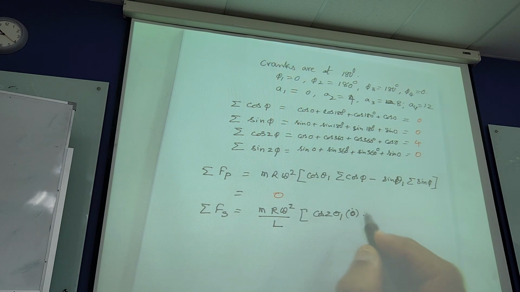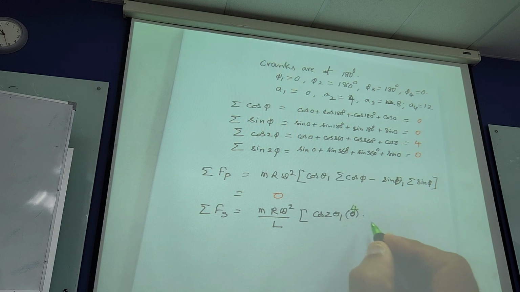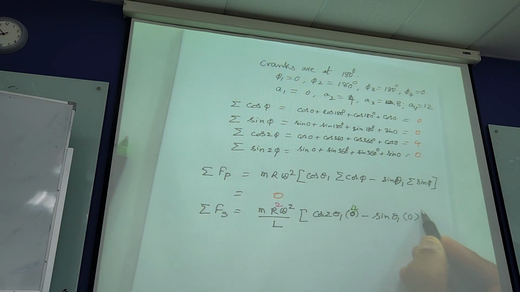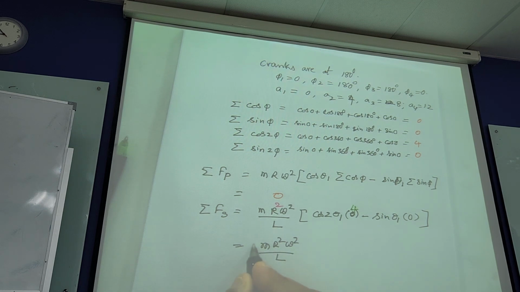Cos 2 theta squared is 4. So you can write 4 m r square omega square cos 2 theta 1.